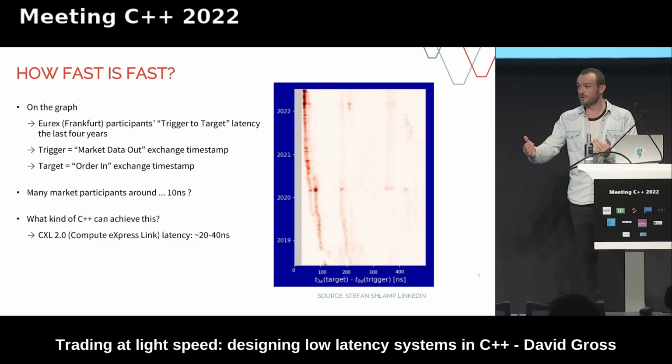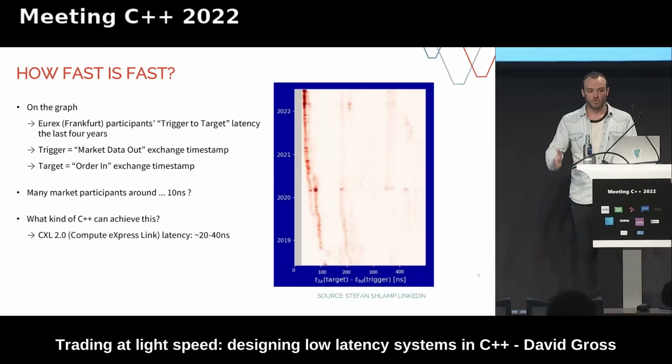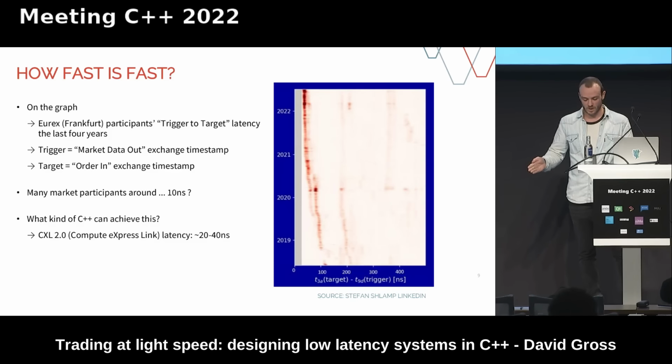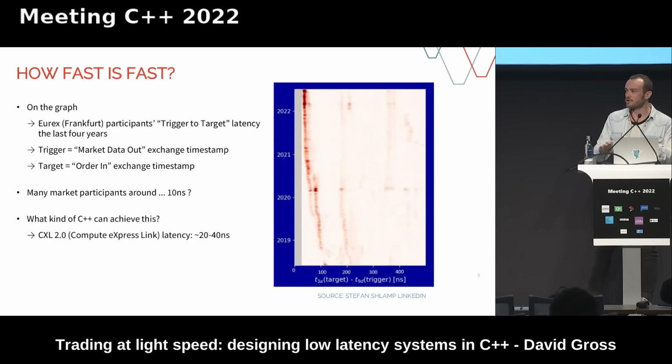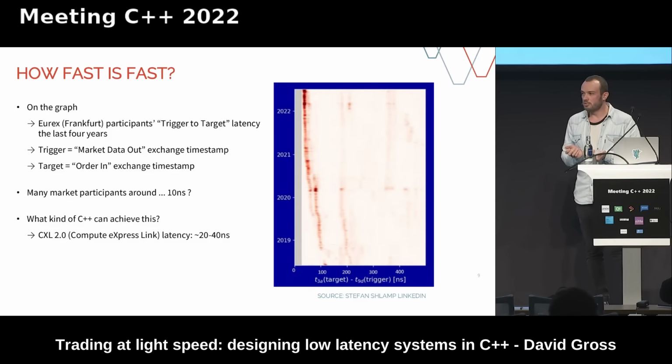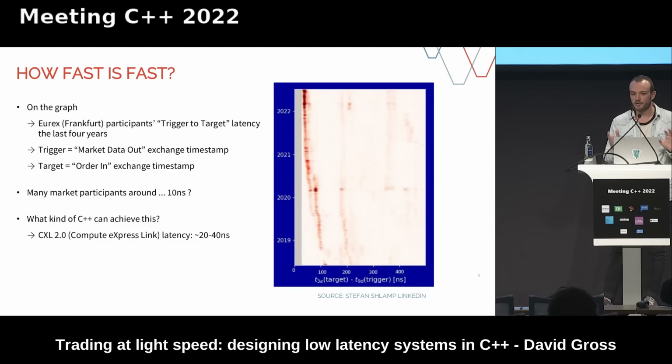And then the target is when any market participant sends an order back. We have these 2 timestamps taken by a level 1 switch, a device that can very accurately timestamp packets in and out. If you measure the difference between the 2, we see on that heat map that we approach, or already are at, around 10 nanoseconds.